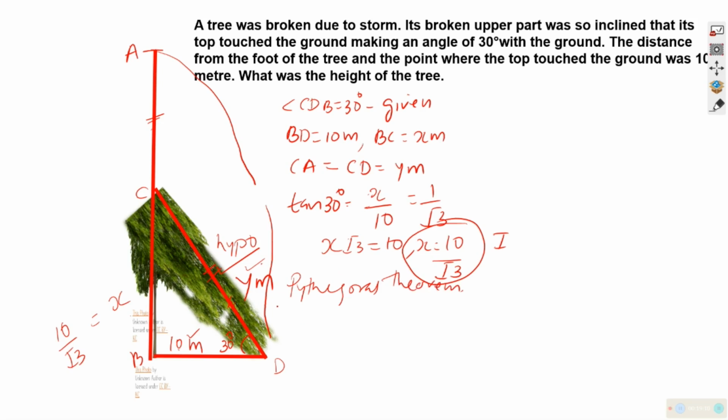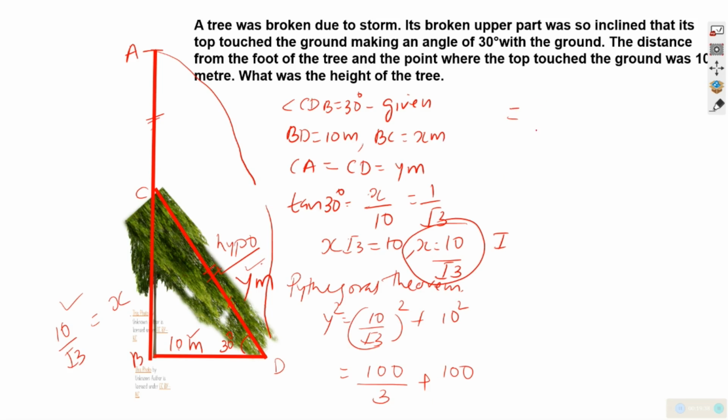According to that, here y square, it would be y square, right? Y square will be equal to 10 upon root 3 whole square plus, that is this 10 square, which will be equal to 100 upon 3 plus 100.